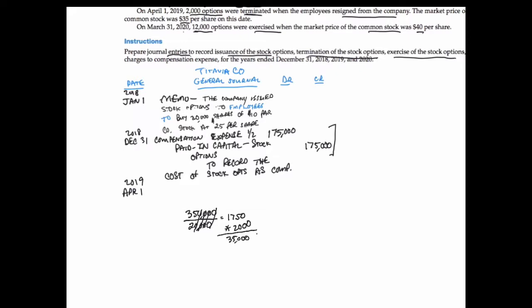Divided by 2, because we didn't record all of the 17.50 as an expense. We only recorded half of that. That is 17,500.